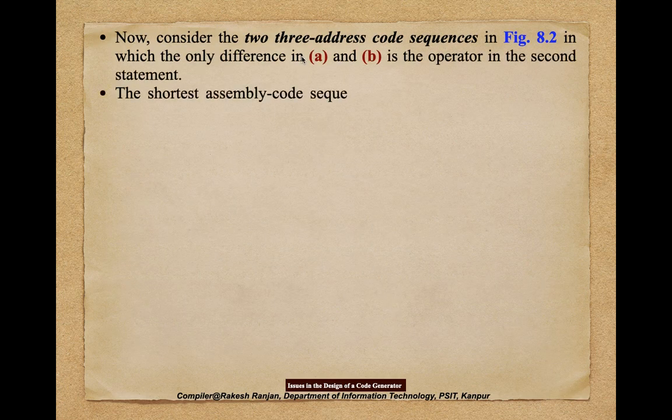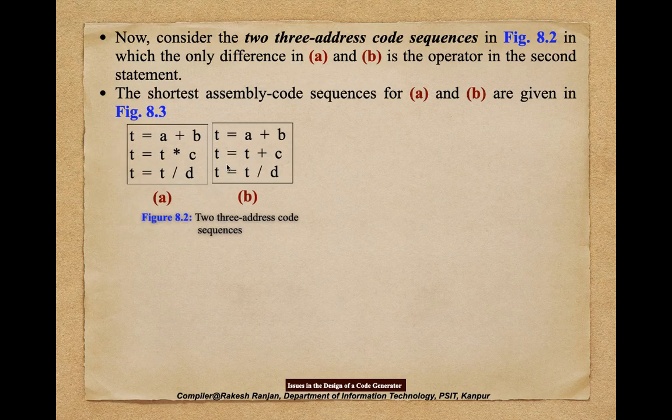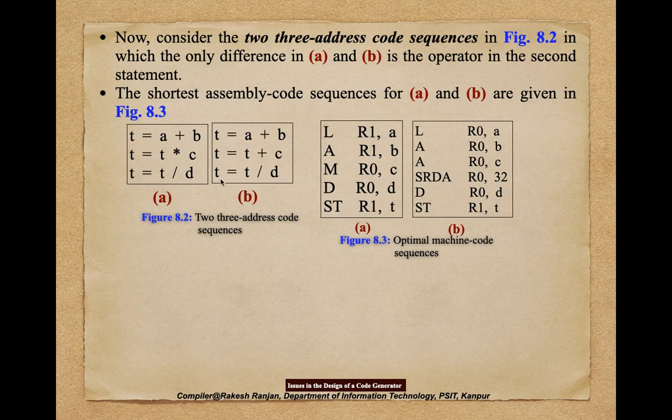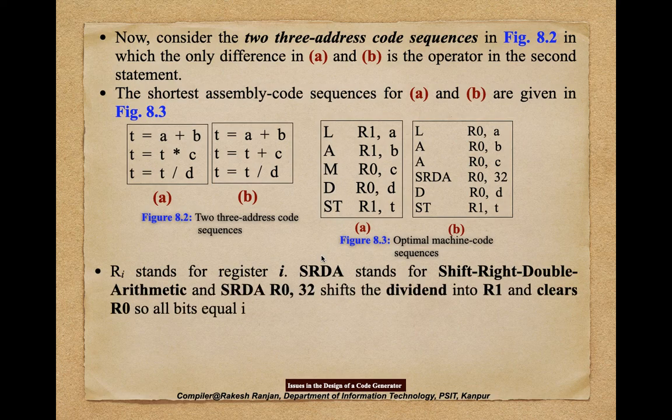Now consider the three address code sequence as shown in this figure, and this is the corresponding optimal machine code sequence. It is very simple to understand. Load r1 comma a, then add r1 comma b, M, that is multiply, D for divide, so the first character is used here for representing the instructions.